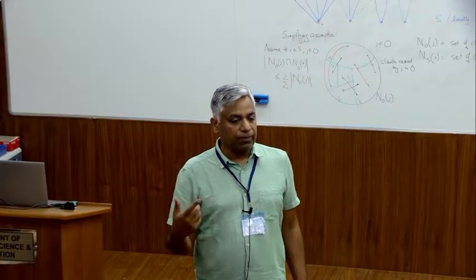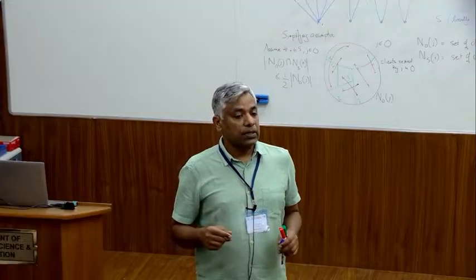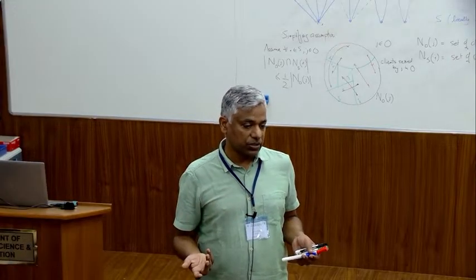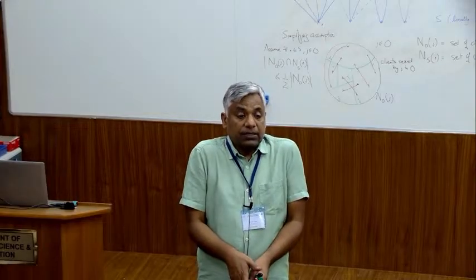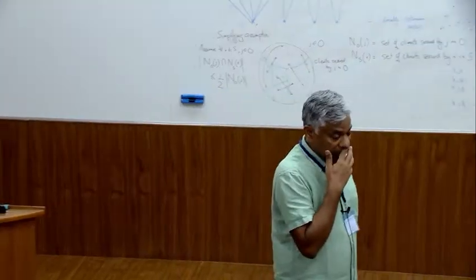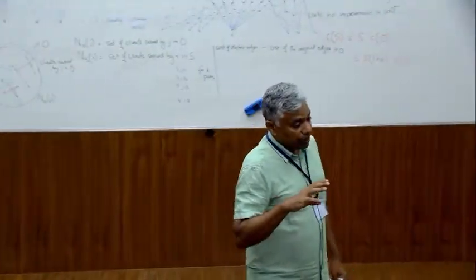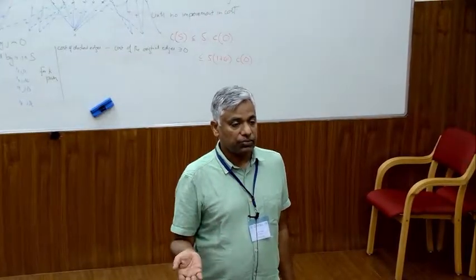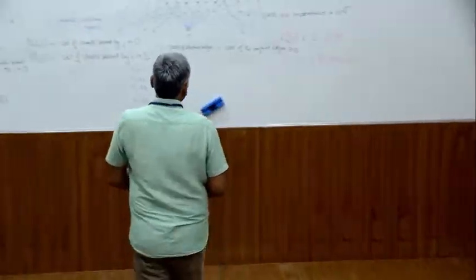For every swap, the new cost has to be more than the original cost, because if it were less, then this is not a locally optimal solution, right? Remember we said we are working with a locally optimal solution, and for any possible swap, the new cost is only going to be larger. That's what I'm thinking of.